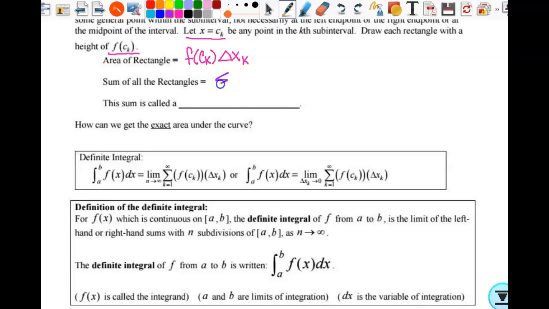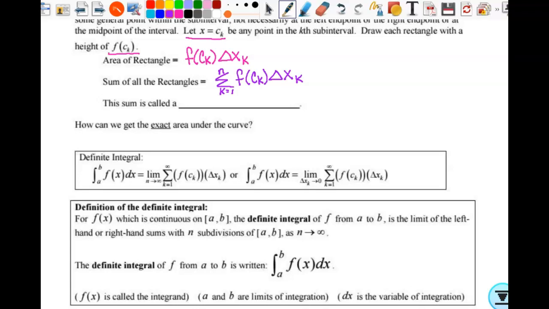We're going to sum up all of the areas of all of the rectangles, f of c sub k times delta x sub k. And then k is going to go from 1 to n, whatever it happens to be. That's why it's called a Riemann sum. We're summing something up.